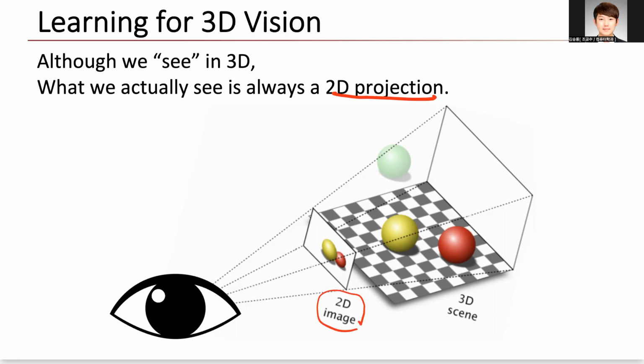In these 2D images, we may lose some geometry information from the 3D world. So learning for 3D vision means we want to recover or discover the missing 3D geometry information from the projected 2D images. This is 3D computer vision.